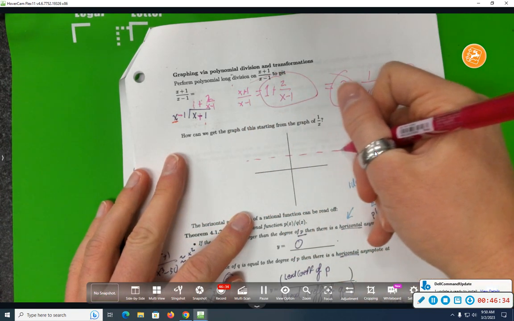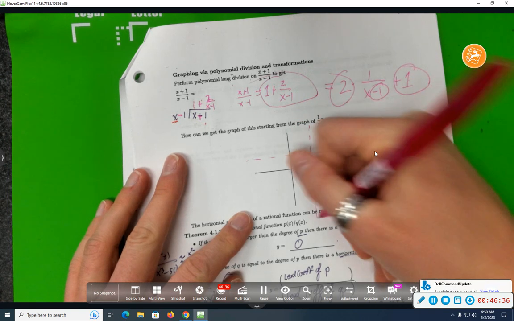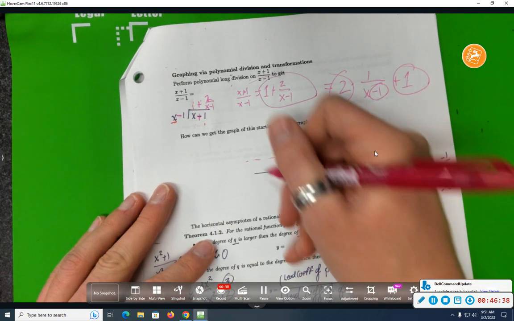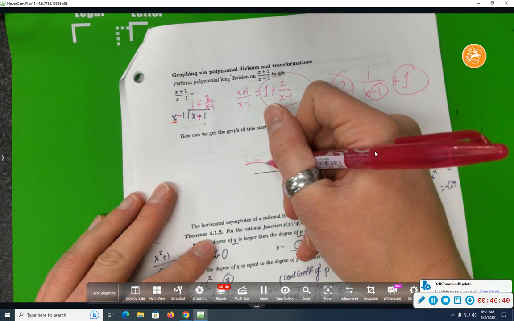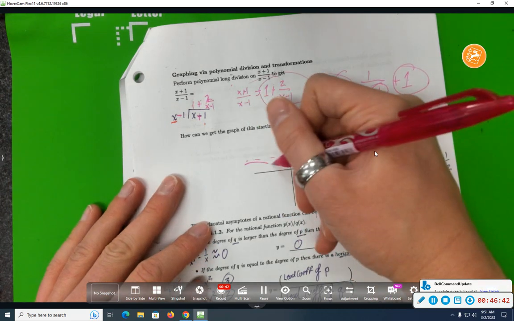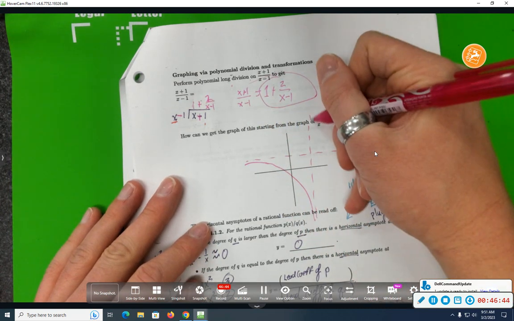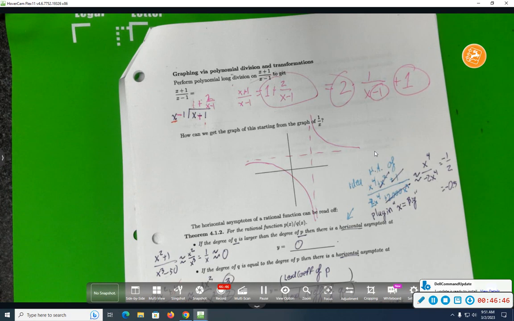So I think that will move the asymptotes right 1 and up 1. So by doing long division, you can see exactly what the graph of a rational function will look like by transformations. That's the point of this. And also, I guess, to remind you that when you do long division, you should do it right instead of wrong.